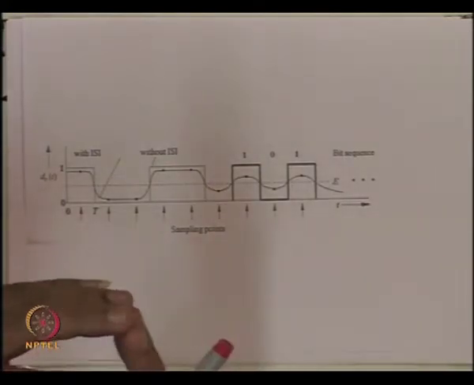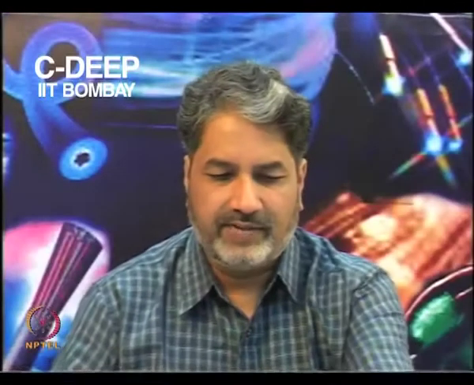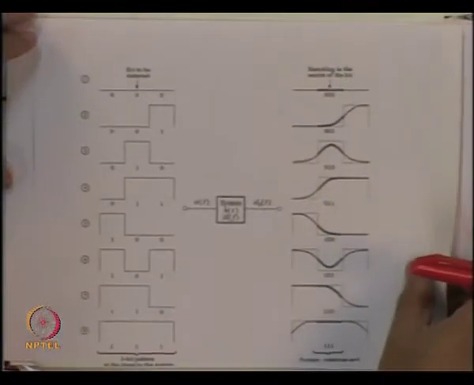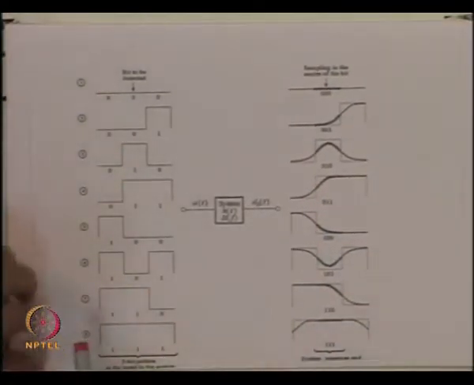So, we want to create now a mechanism by which we can measure this distortion which is going to be there in the data. Let us now consider all possible transitions which the data can go through. Let us say 3 consecutive bits.